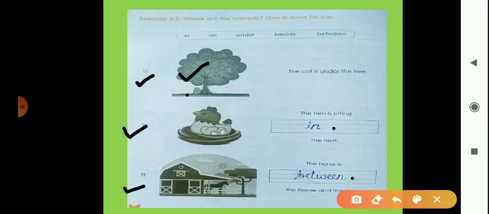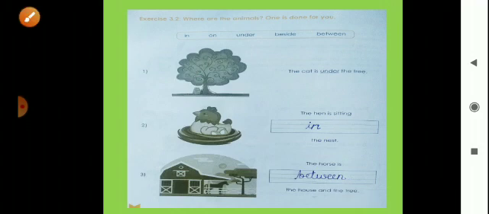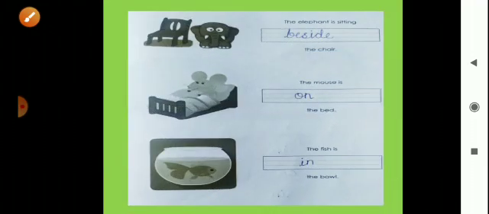So write between. It is in the middle of both. Then next, the elephant is sitting dash dash the chair. You can see a chair and the elephant is here. So write beside. It is at the side of the chair. So write beside here. B-E-S-I-D-E.